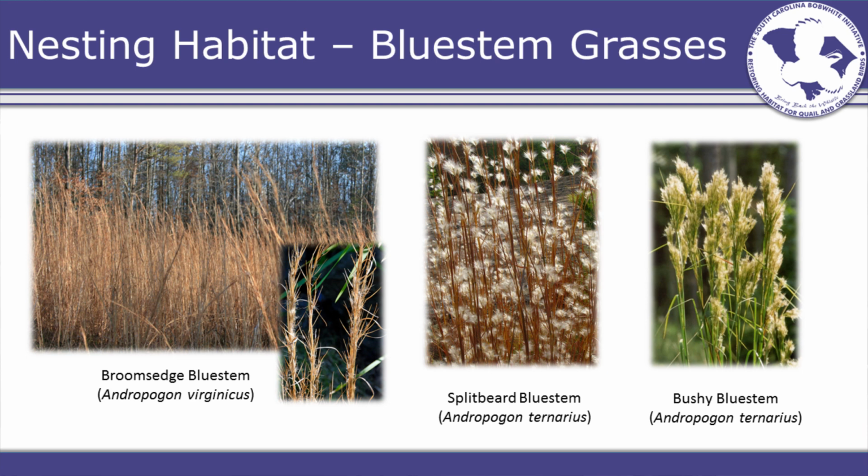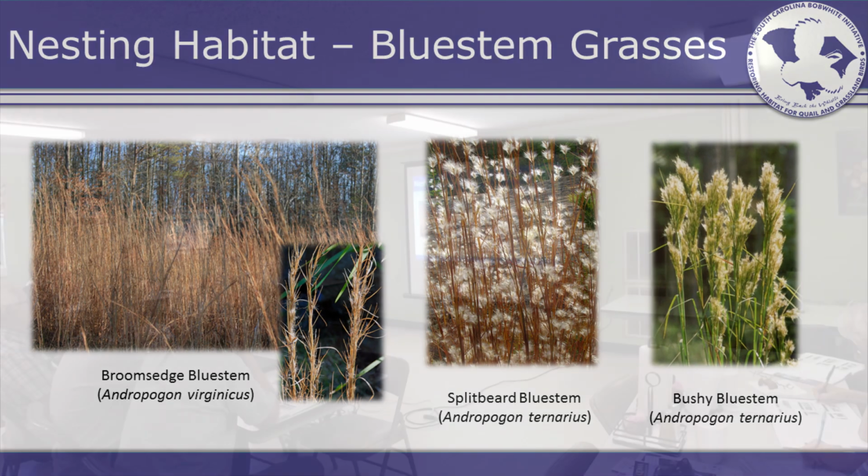So the broom sedge is an easy one to get established. Split-beard bluestem, that we're seeing a lot of the seed heads on this time of year, has a forked seed head and a real fluffy seed on it. And then bushy bluestem, which tends to be one that grows in a little moister soils. It's got these big clumps of leaf structure at the top of the plant.